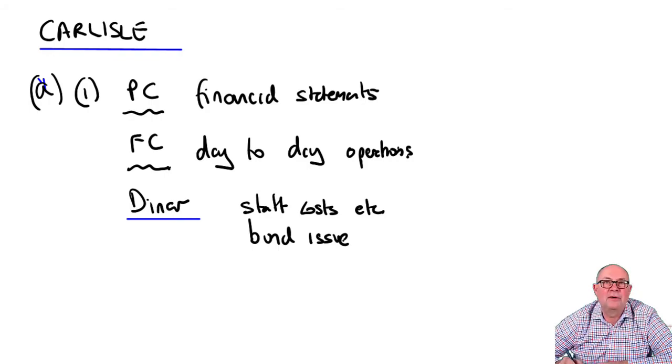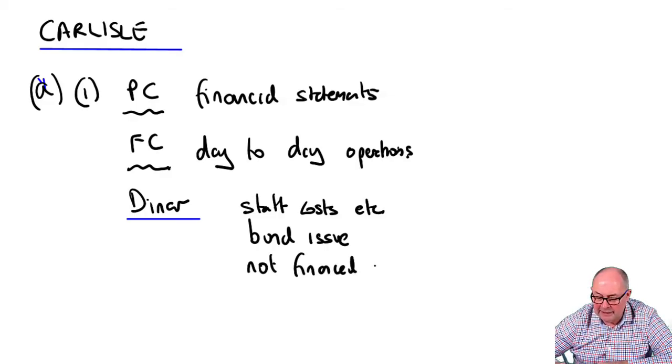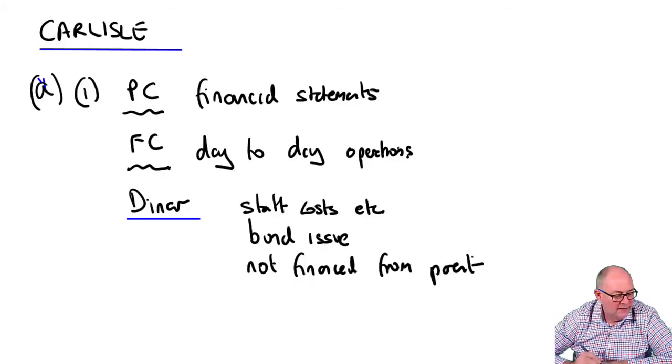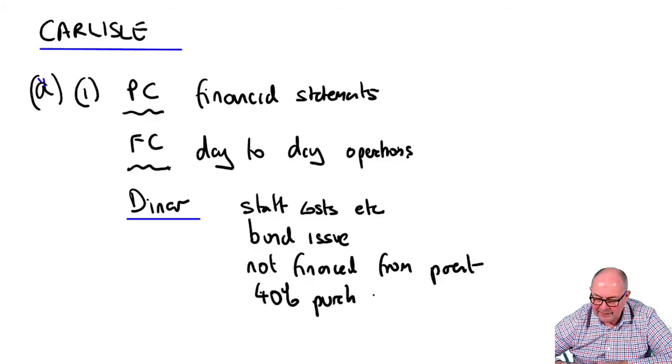They've got no financing from the parent, so it's not financed from the parent. There's lots more evidence down there. A significant amount of purchases, 40% of purchases, and a significant amount of sales, 1/3 of the sales.